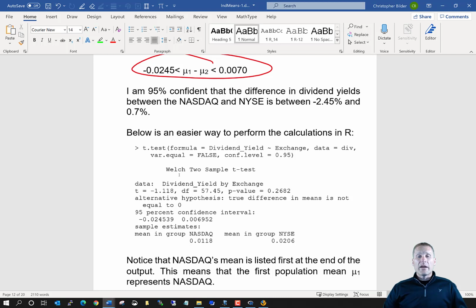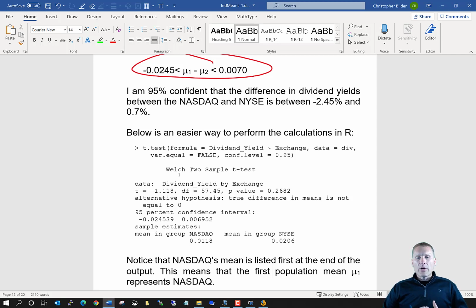Another way to phrase this is that in 95% of similarly constructed intervals, I would expect the true population mean difference between these two stock exchanges in terms of their dividend yields to be within these intervals.